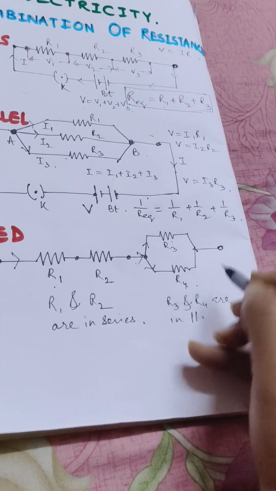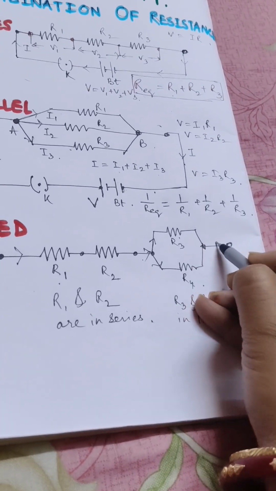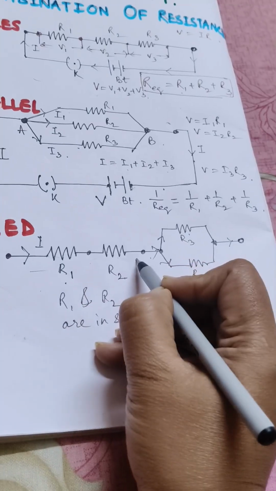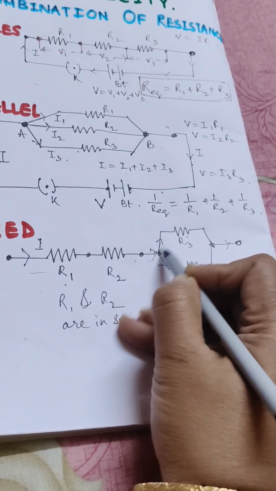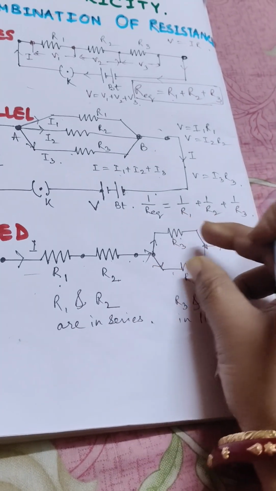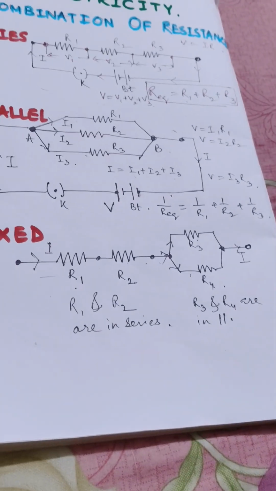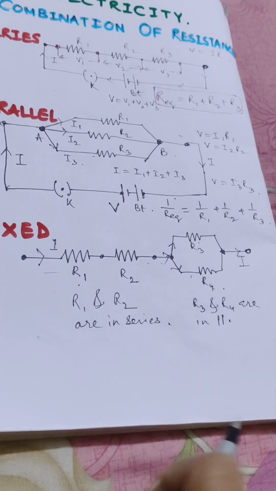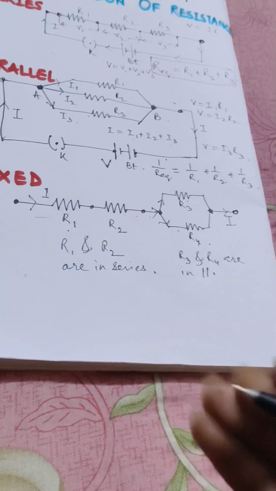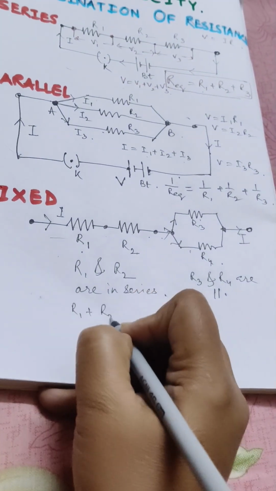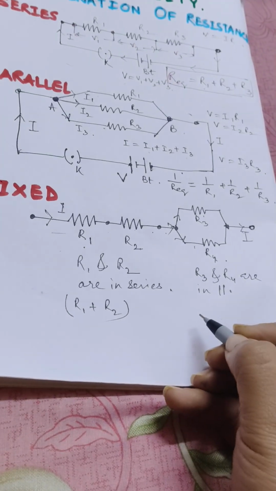Alright. Again, it comes here and gets completed. So, current I goes through R1 and R2, comes here, gets divided into I1, I2. That again gets together and becomes I to complete the whole circuit. So, what will be the final resistance? Here, R1 and R2 are in series and you are going to write it like this.